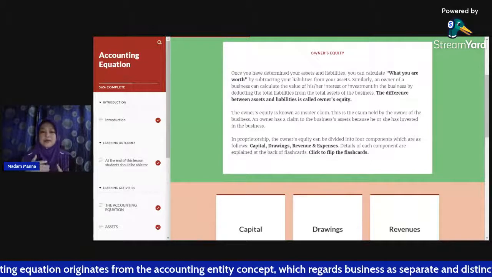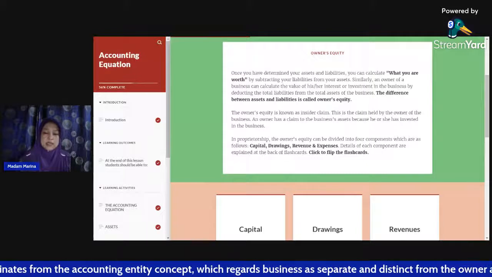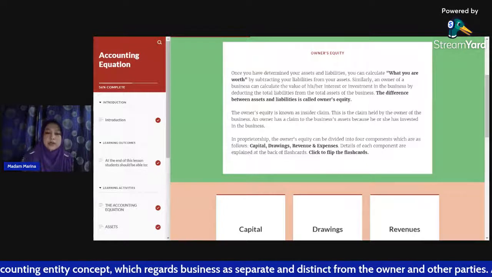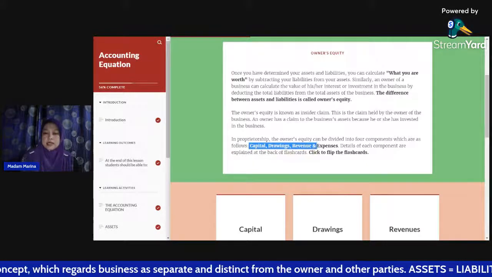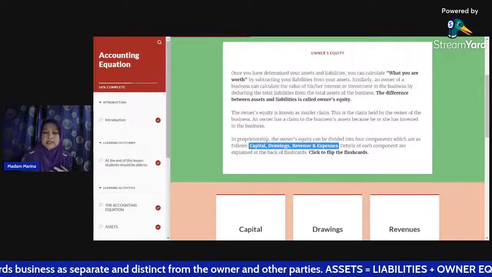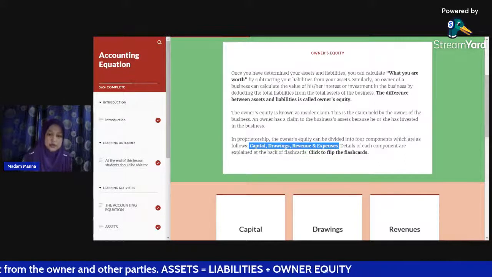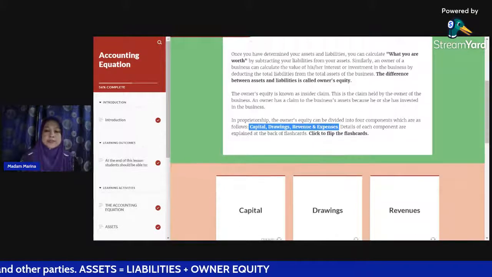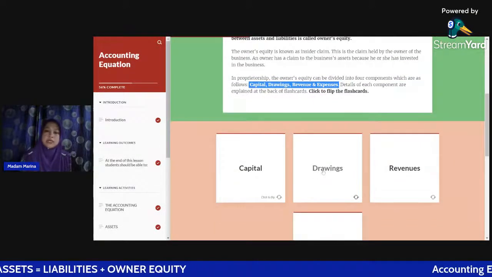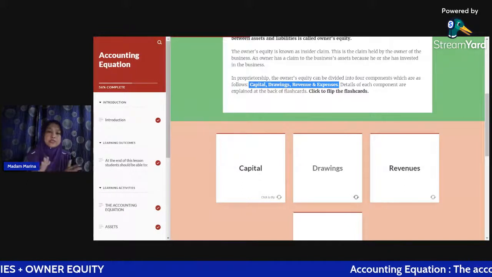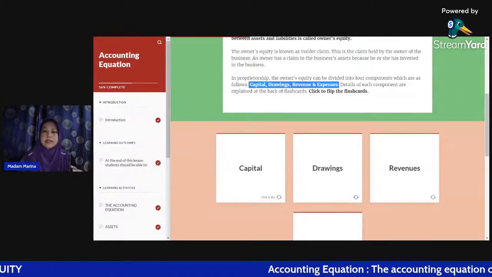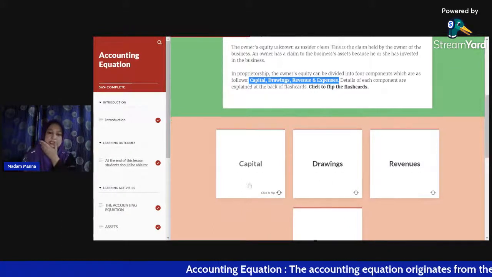Now, when it comes to the standard accounting equation, we have other items under equity, which are capital, drawings, revenue, and expenses. What are actually capital, drawings, revenue, and expenses? Let's click to the flashcard.